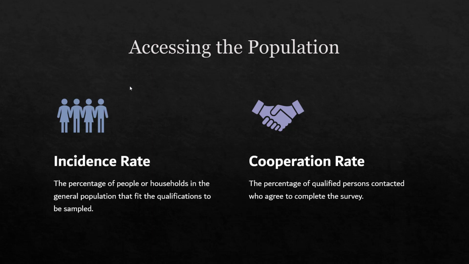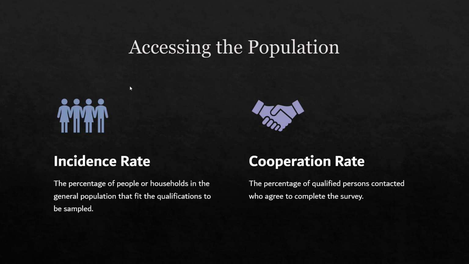And the second type of rate is called cooperation rate. It basically means the percentage of qualified persons contacted who agree to complete the survey. So if you find the qualified people and they agree to complete the survey, it means they're willing to complete it.